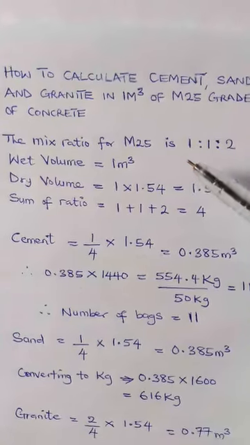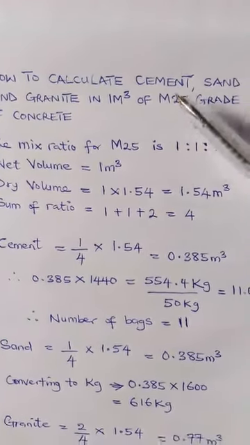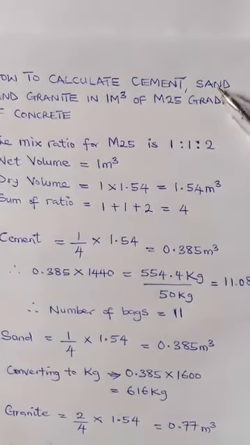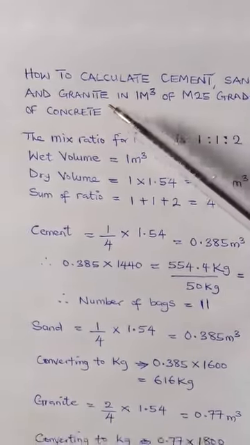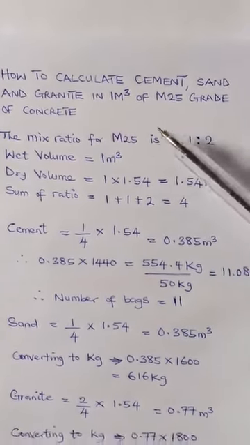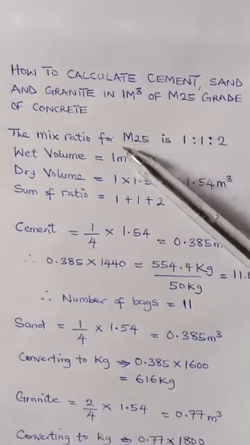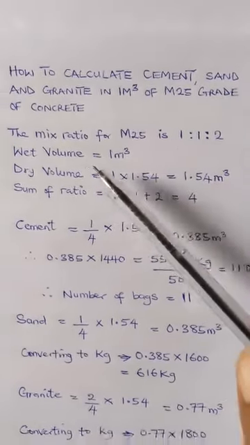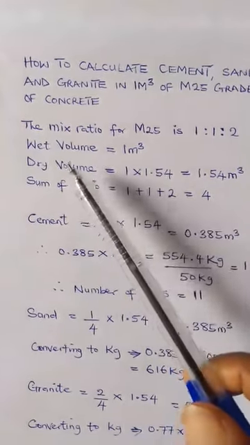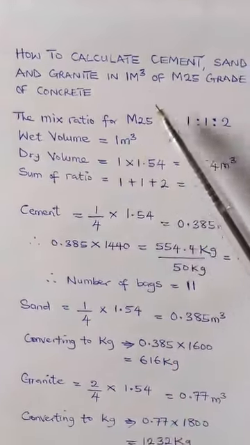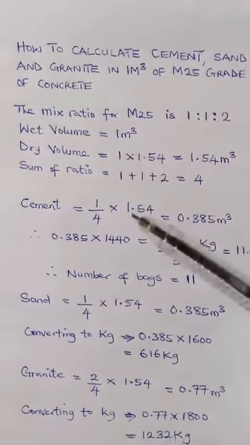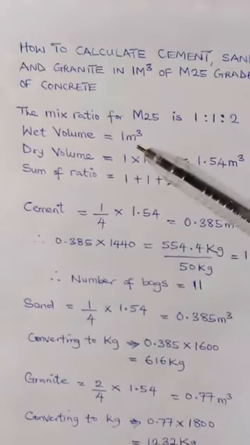What this simply means is that 1 stands for cement, the other 1 stands for sand, and 2 stands for granite. By this proportioning, you're expected to have this grade of concrete. So you have to state the mix ratio. Then the wet volume, and we are considering 1 cubic meter.